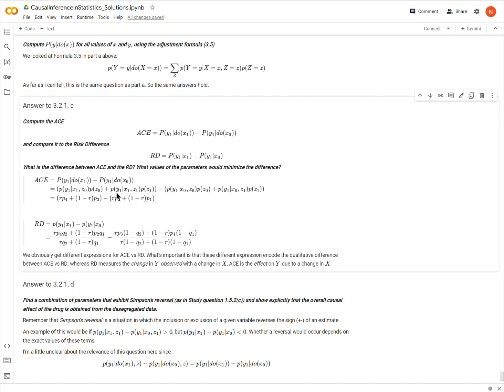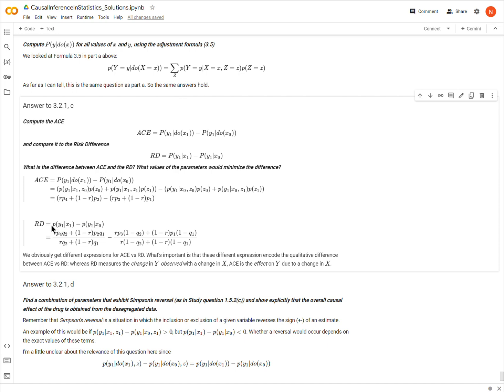So anyway, this would be the expression right here for P of y1 given do x naught. Again, we're marginalizing over z. And then again, if you want to take this all the way to the symbols r and p and q and so on, I think that this is the correct expression. Now, for the risk difference here, we can stop basically right here.